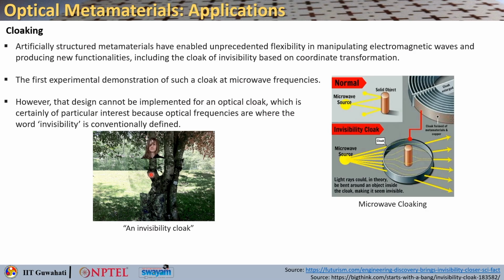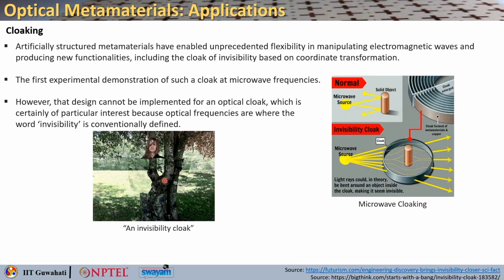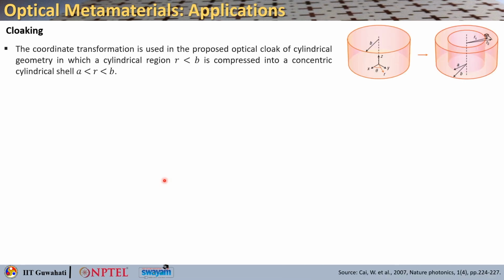There is nothing blocking the light, and this cloak is very challenging because you need to achieve this cloaking not only at a particular frequency, you have to have it for the entire visible light wavelength range and also for all the angles. That makes this invisibility cloak really challenging.